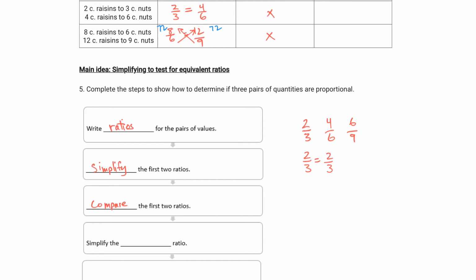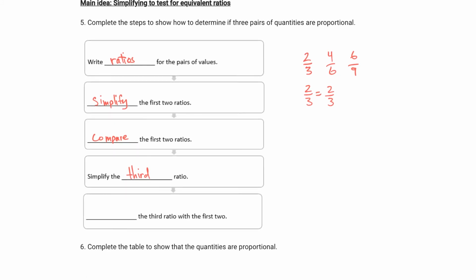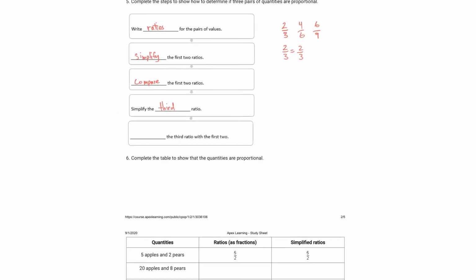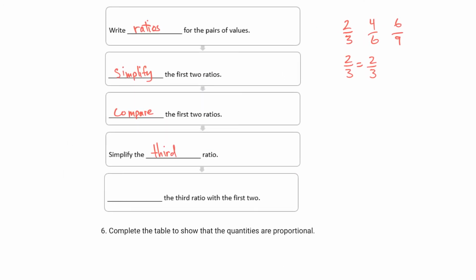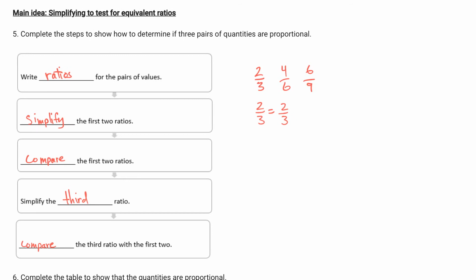So now let's simplify the third ratio, and we will compare the third ratio to the first two. I can simplify 6/9 to 2/3 again, and I compare these. And yeah, they're the same. So all three are proportional. You see, that's what that's all talking about right there.